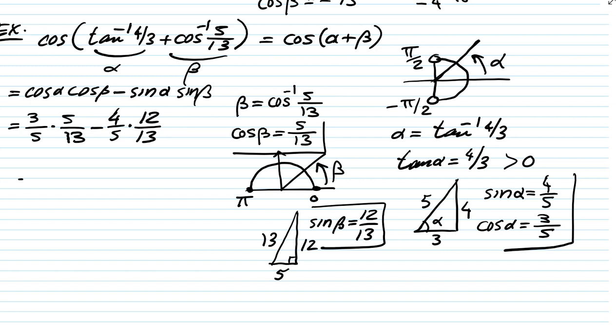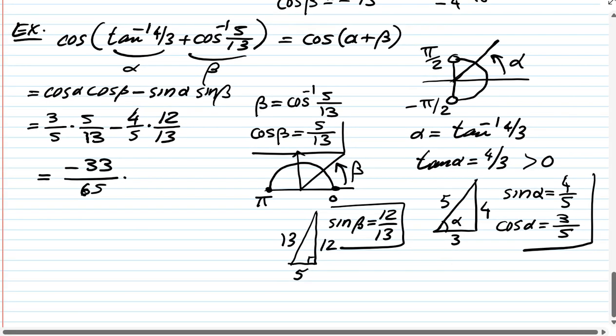Okay, and that's 15. 3 times 5, 15. 4 times 12, 48. 15 minus 48, let's subtract, we get negative 33 over 65. And that would be over 5/13 times 13... And there we have the answer to this one.